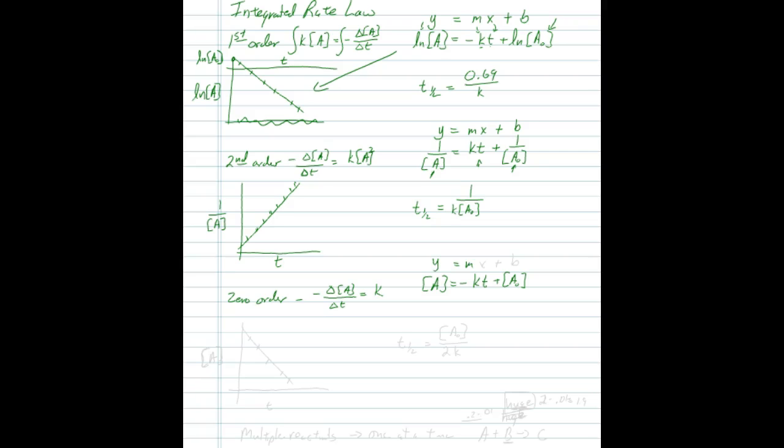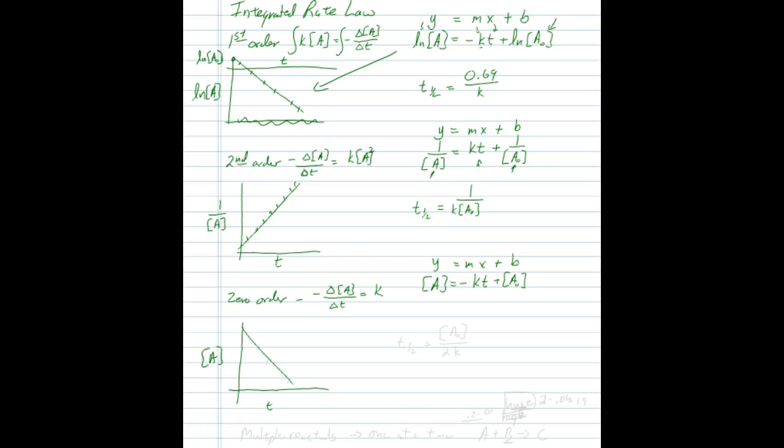Again, y equals mx plus b. In this case, most of the time, the T is on the bottom. So this is the concentration, this is T, and if you graph that, it's a negative slope, and it goes down like that.